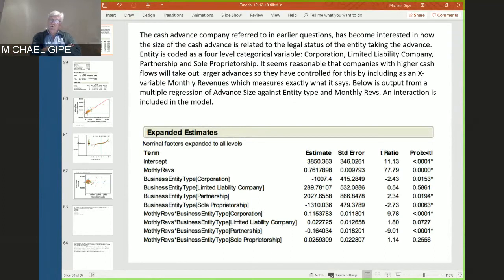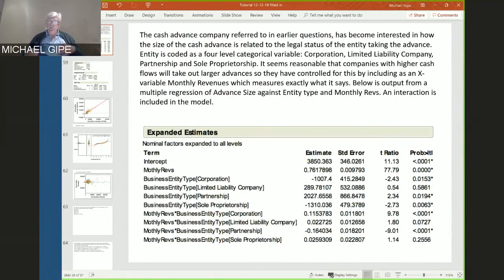It seems reasonable that companies with higher cash flows will take out larger advances, so they have controlled for this by including as an X variable monthly revenues, which measures exactly what it says. Below is the output from a multiple regression of advance size against entity type and monthly revenues.